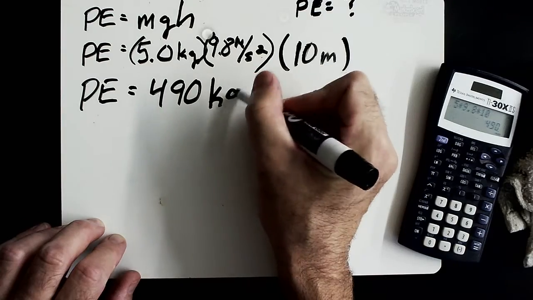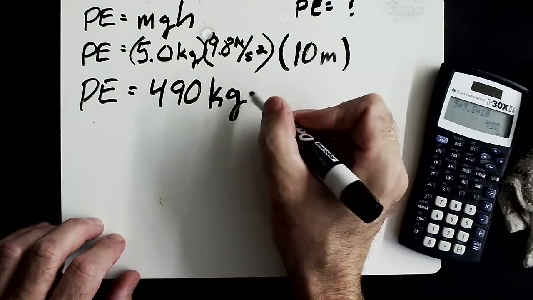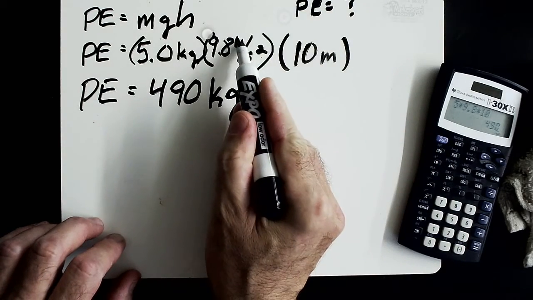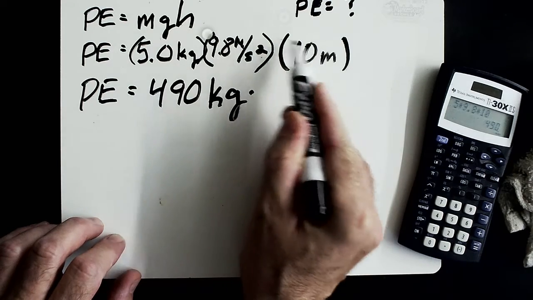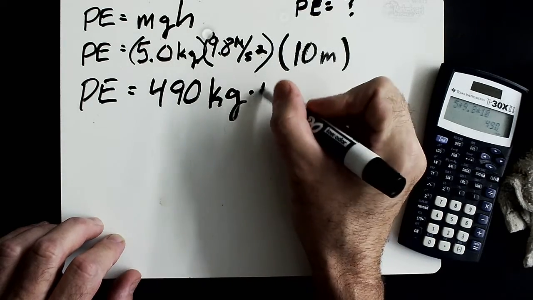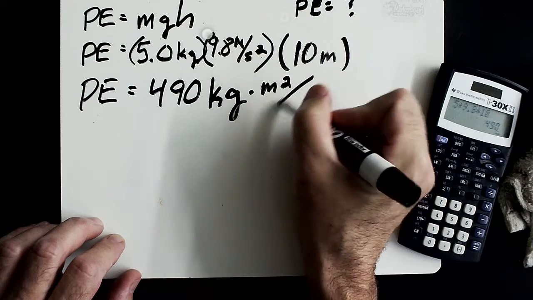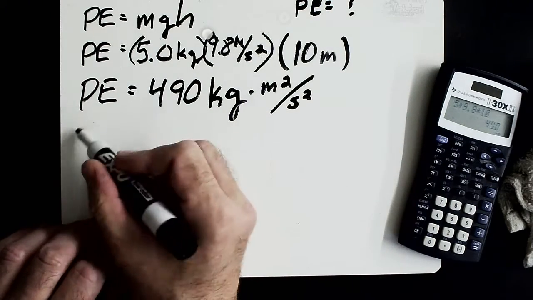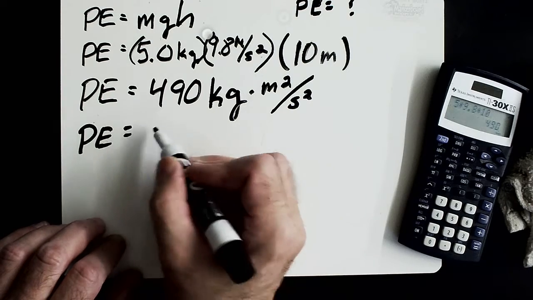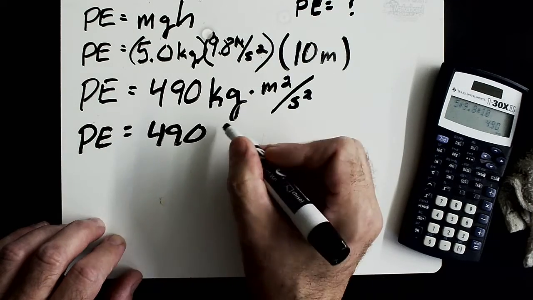Here we go, the units, the most important part. Kilogram, there's a meters per second squared and times another meter. So there are 2 of these meters, so that would be meters squared over second squared. So the answer is 490 joules.